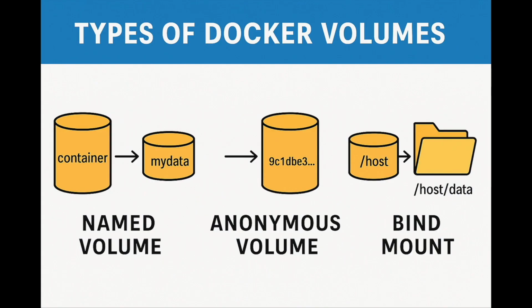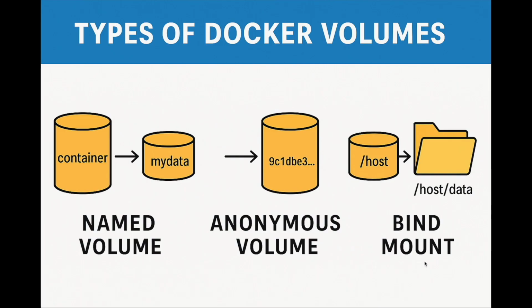Let's do a visual recap. Docker gives us 3 ways to manage data: named volumes, anonymous volumes, and bind mounts. Named volumes are best for managing persistent data. Anonymous volumes are created automatically by Docker when no name is provided.